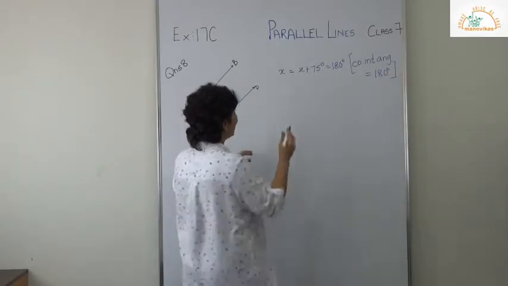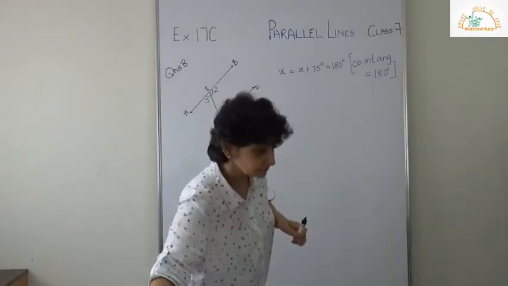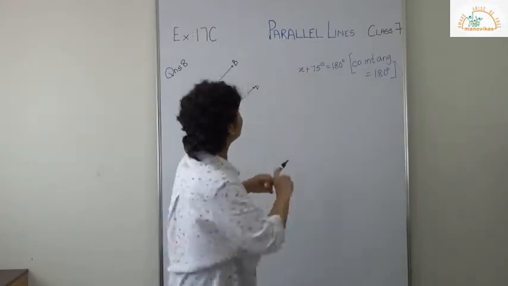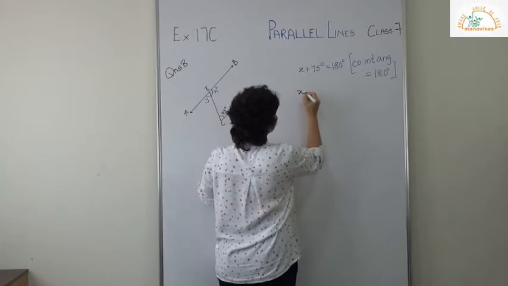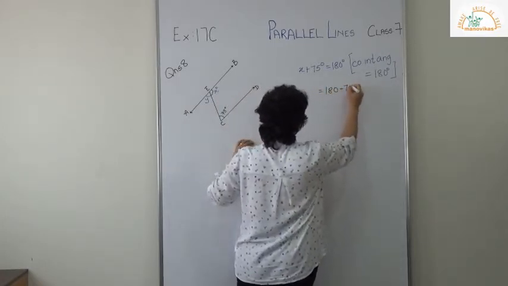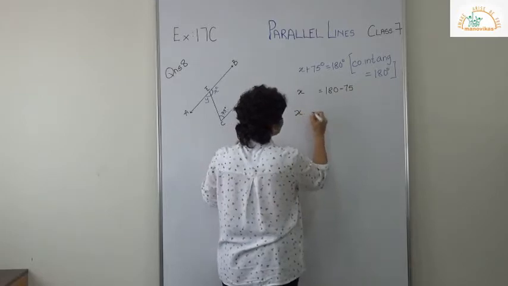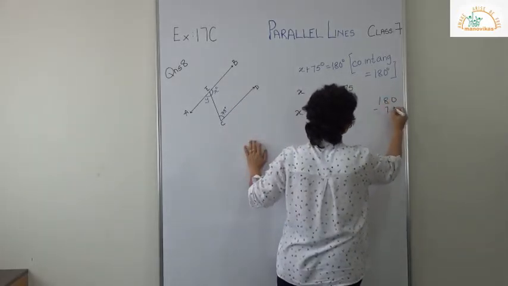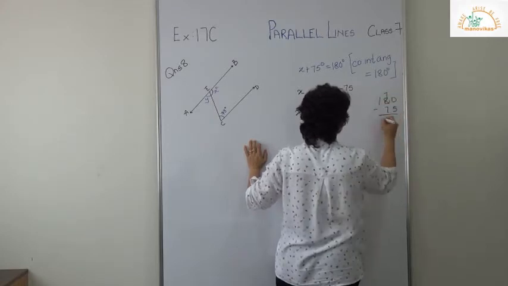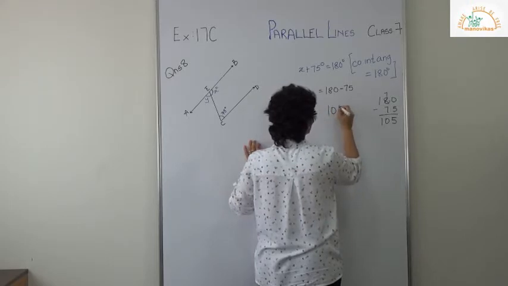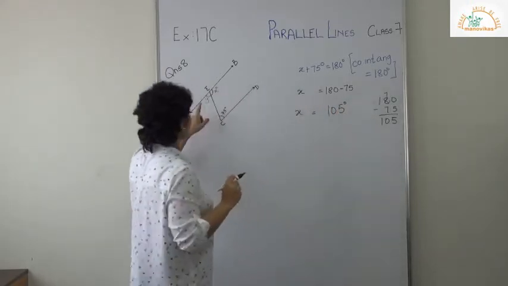So, I get X is equal to 180 minus 75. So what is X equal to? Subtract 180 minus 75. What do you get, children? 105 degrees. So your answer is 105.